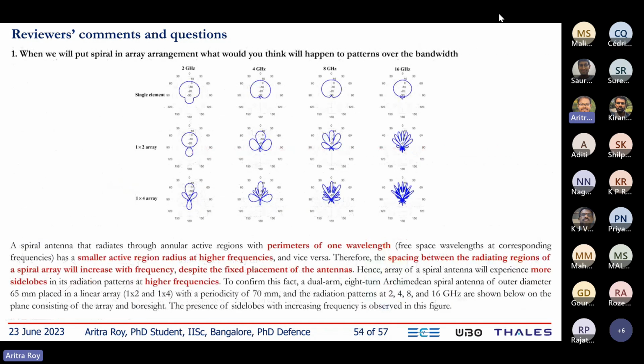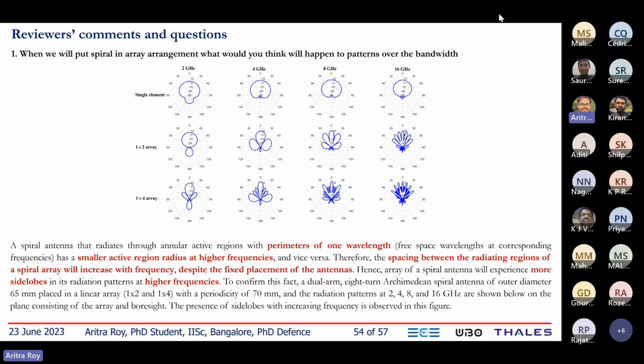From another reviewer, I got a question: what happens if we make an array of the spiral antenna? It is a very interesting question. I have simulated one spiral antenna and plotted the patterns for different frequencies and for different array sizes. The beauty is that if we have an array where the spirals are located at fixed locations, as the frequency increases, the active regions of a spiral become small.